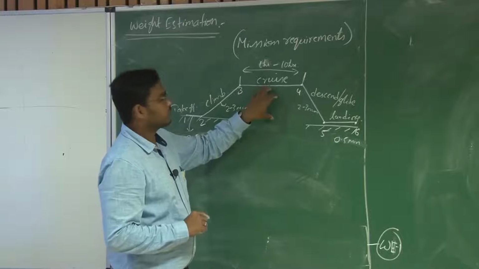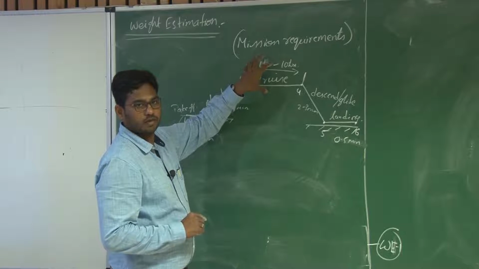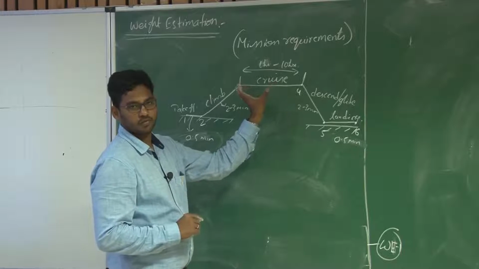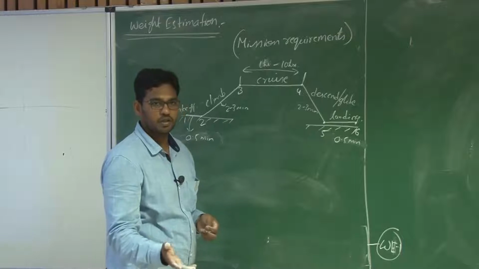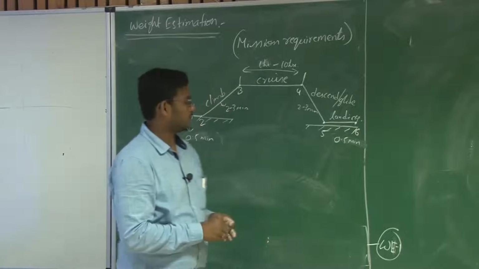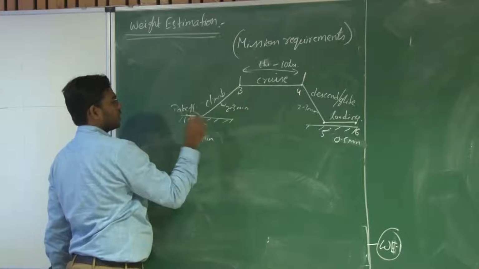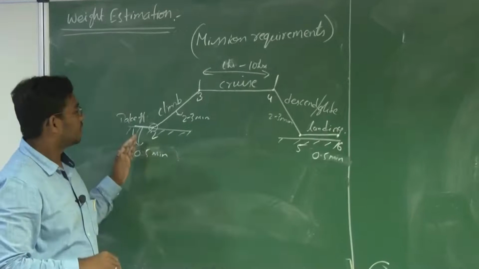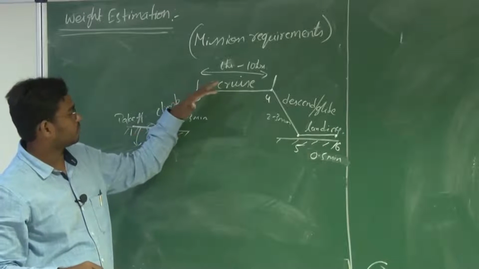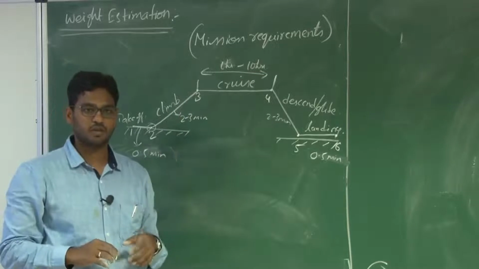We need to figure out the fuel load that must be carried to perform this particular task, which is either cruise or loiter, or a combination of both. Some applications may need only loiter around the launch point, for surveillance about the launch point. In other applications, you have to reach a particular destination, perform surveillance there, and may come back home.